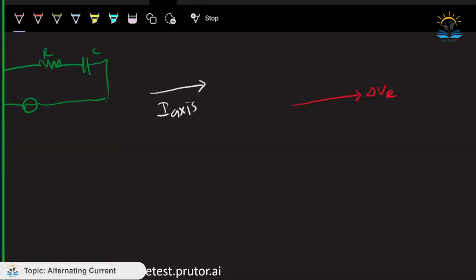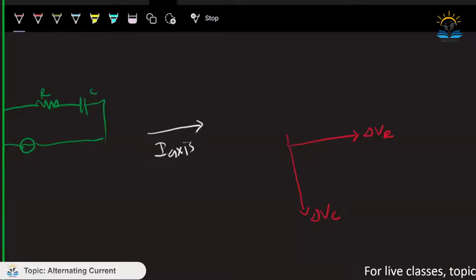And in a capacitor, current is leading, voltage is lagging. In an inductor, current is lagging and voltage is leading.